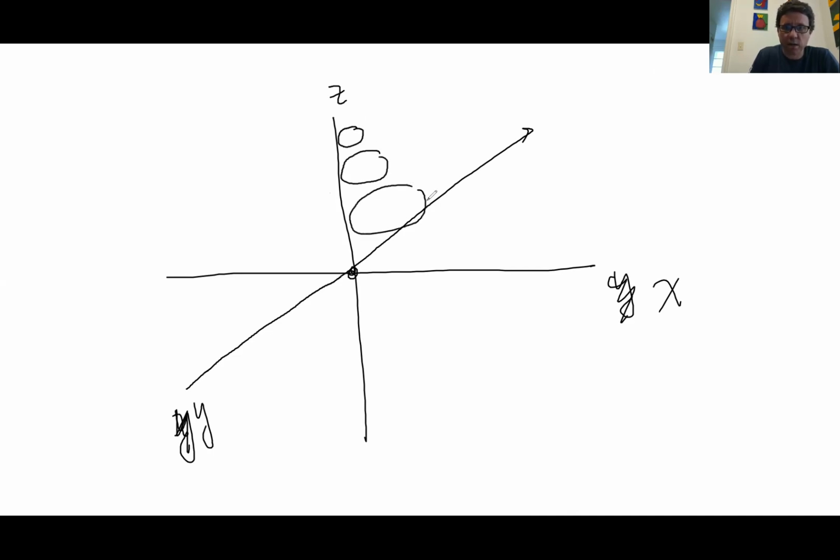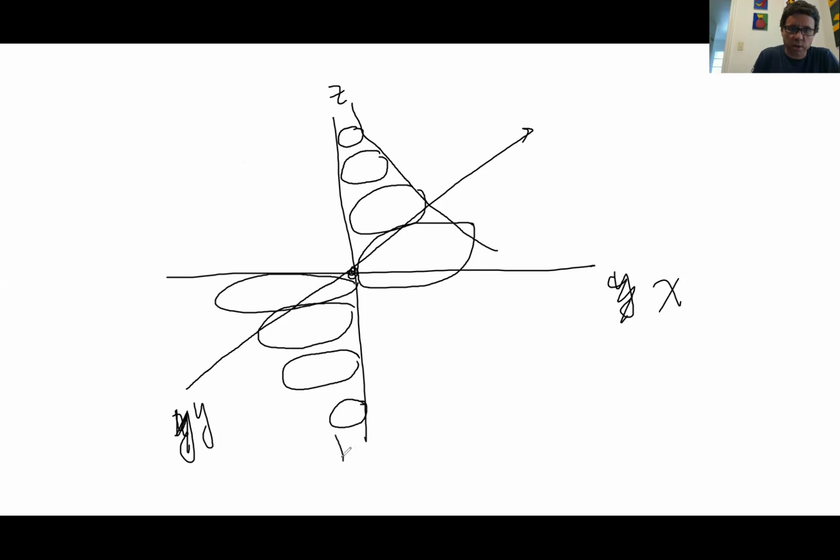They're getting bigger and bigger and bigger, connecting this and spreading out. And then on the back side, you'll have a small circle, and then a bigger circle, and a bigger circle, like that.